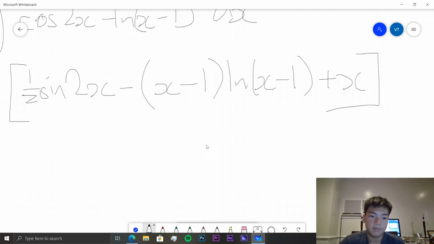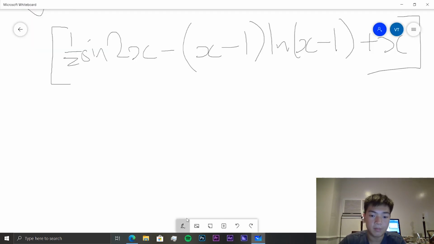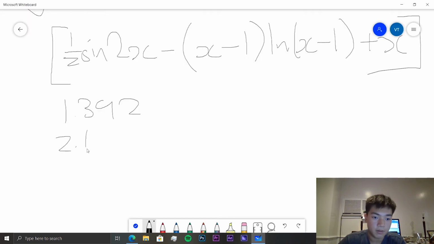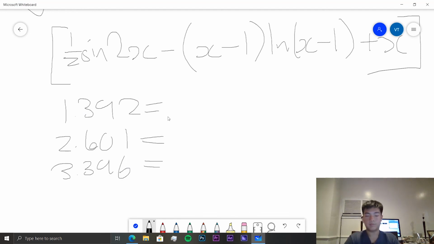So if we do this for the 3 values of 1.392, 2.601, and 3.396, we get values of 0.5 sine 2 times 1.392 minus 1.392 minus 1 times ln 1.392 minus 1 plus 1.392.